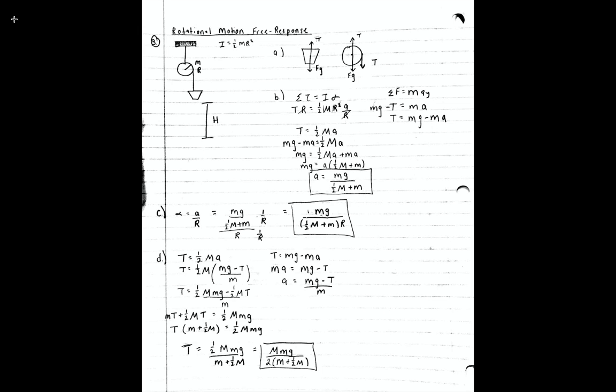Okay, so for part D, we need an expression for the magnitude of the tension in terms of those given variables. So we take the equation that we have for tension under part B. Tension equals 1/2 m times a. We plug in for a.